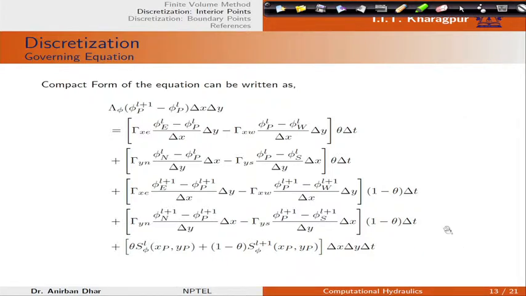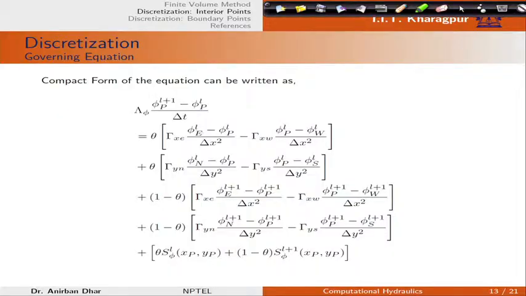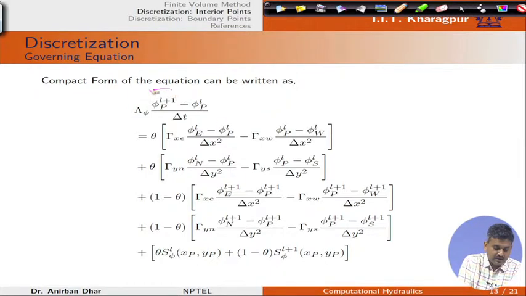Now, dividing both sides by delta x, delta y and delta t, we can write this left hand side.